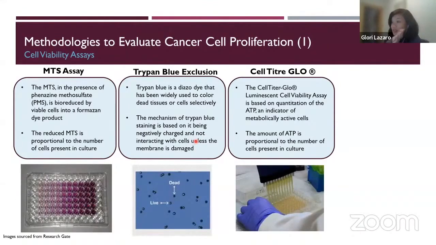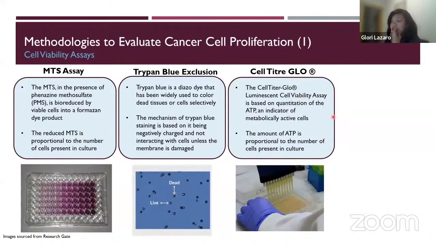But when the cells are dead, they will take in the dye. So here they're blue, because you lose the integrity of the cell membrane when you're a dying cell, and so that's how you distinguish. You can work out the proportion of live cells versus dead cells, and that's how you work out how much the cells are growing.